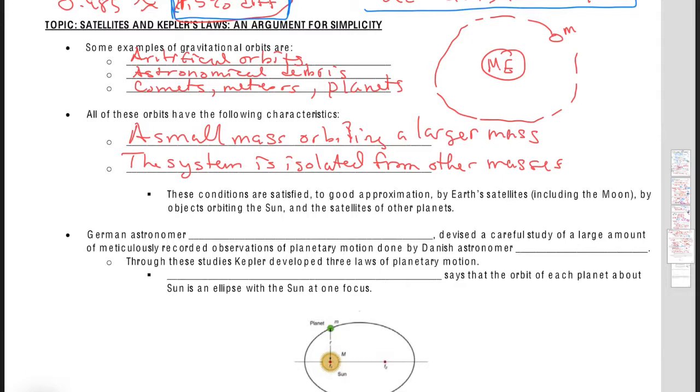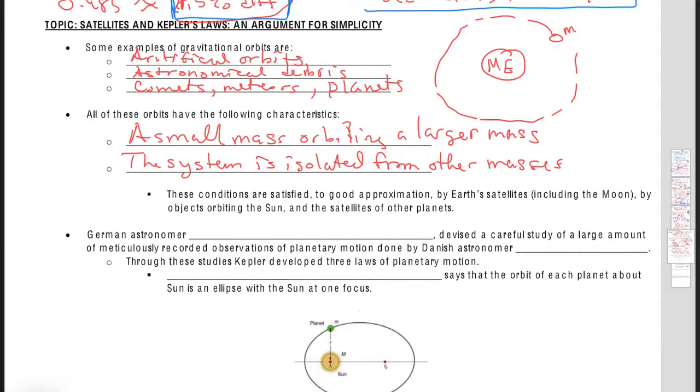If we're talking about Sputnik and the Earth, there's nothing else that we're encountering, as long as everything is good in orbit. These conditions are satisfied to good approximation by Earth's satellites, including the moon, by objects orbiting the sun, and satellites of other planets. So these two conditions are all kind of intertwined.